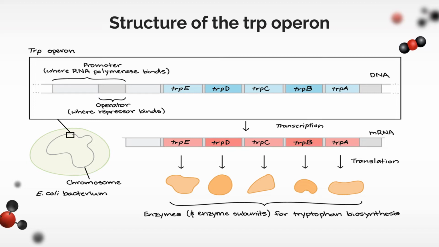Downstream of the leader are five structural genes, which code for five different mRNAs, which in turn produce five different proteins that eventually produce the amino acid tryptophan. These five structural genes, trpE, trpD, trpC, trpB and trpA, are essential for tryptophan production, which we will talk about in the next slide in detail.